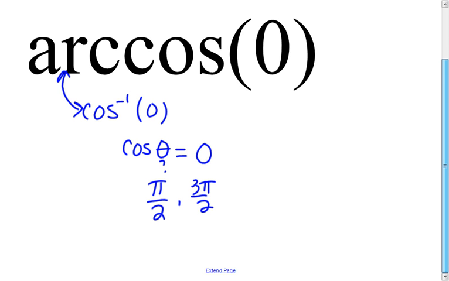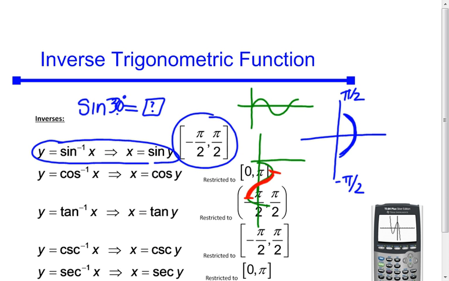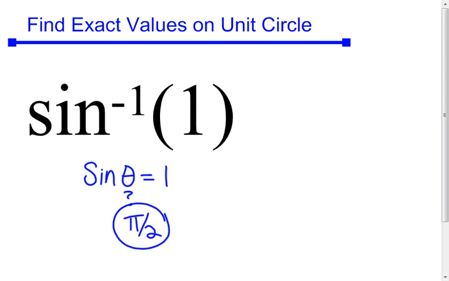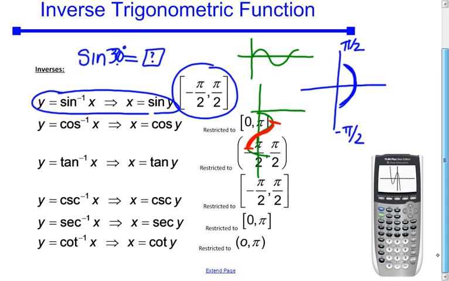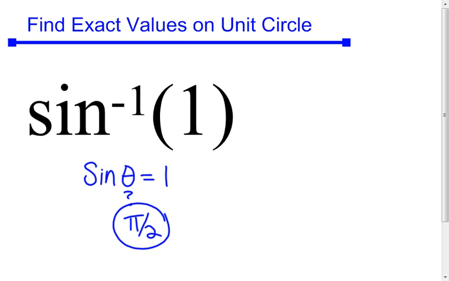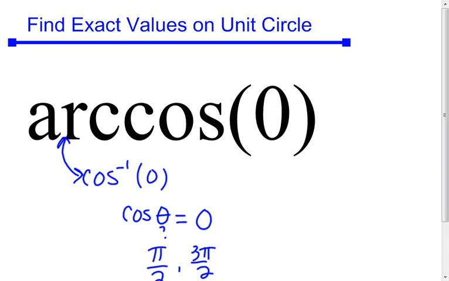answers can only be in the restricted interval. Okay, so I want you to look at your notes back here, and I should probably have this on a bunch of different slides, but I don't. Cosine is restricted to between 0 and pi.